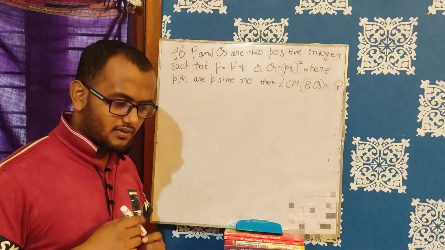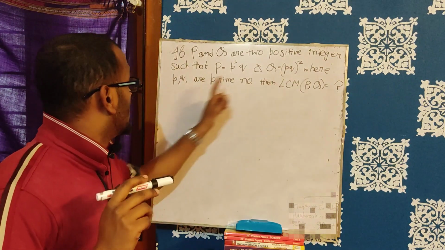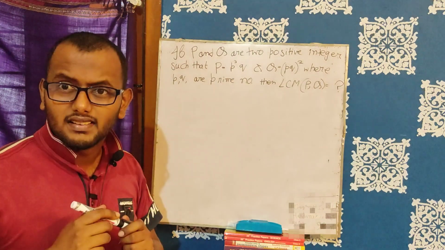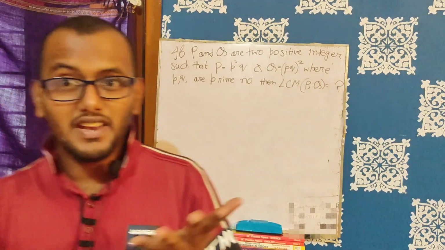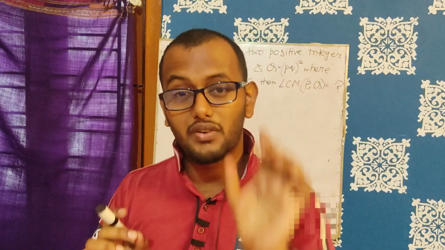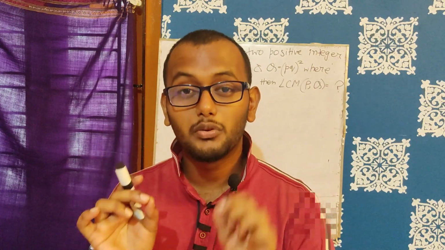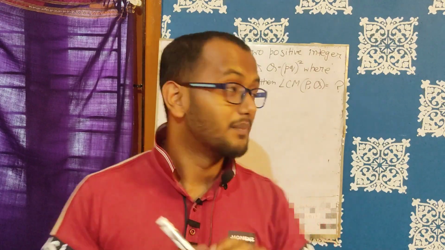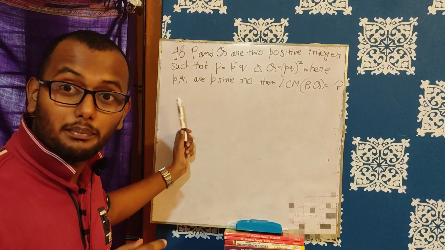Same as HCF. Now wait, p and q are prime numbers. Then that's very good news, because what you do in the factorization table or the prime factor tree is the prime factorization using prime numbers, but they have already said that p and q are prime numbers.